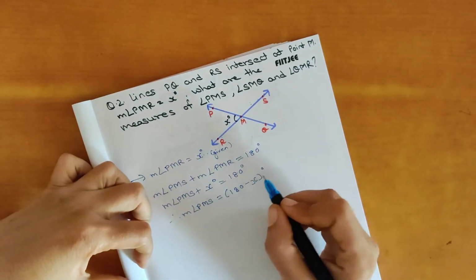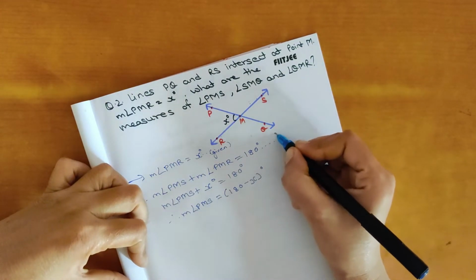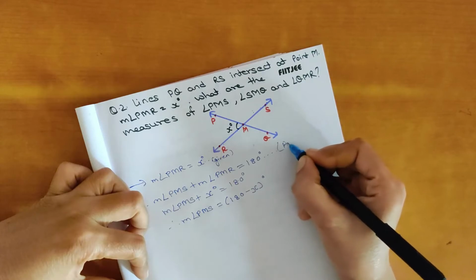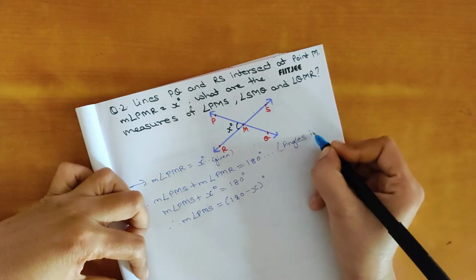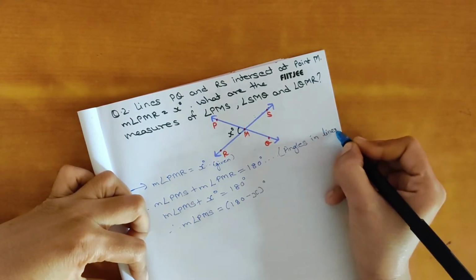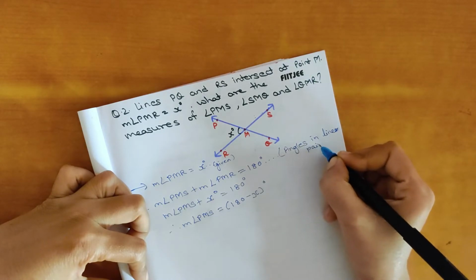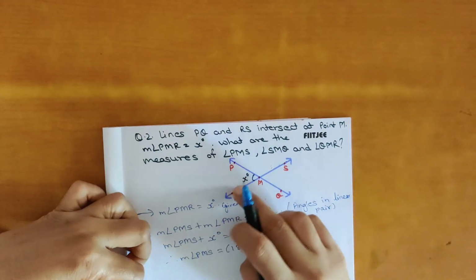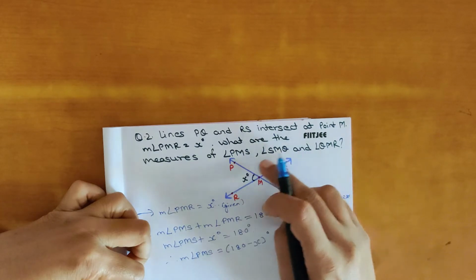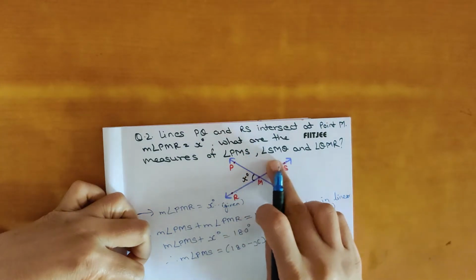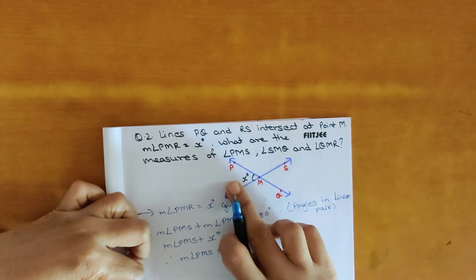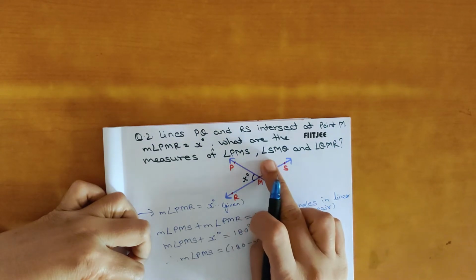So here you have to write angles in linear pair. We have seen that these two angles PMS and angle PMR are angles in the linear pair, and linear pair measures 180 degrees.